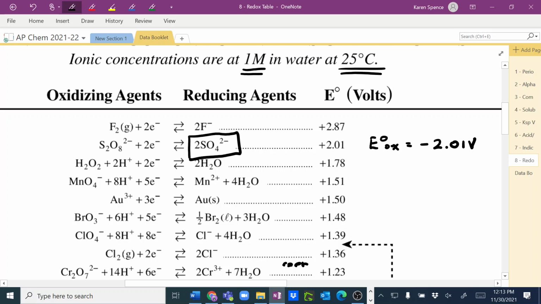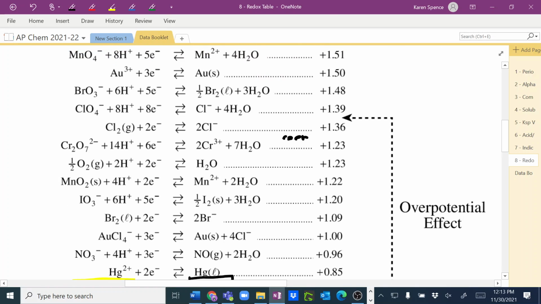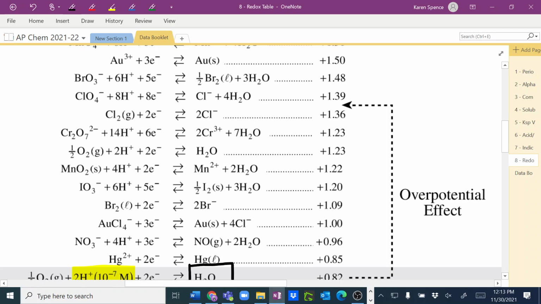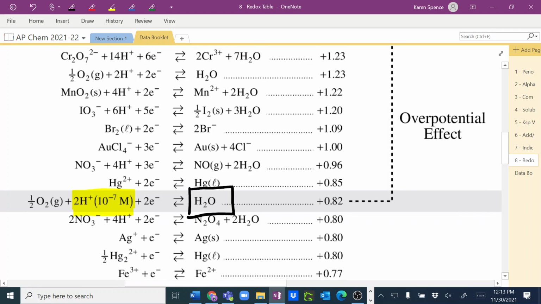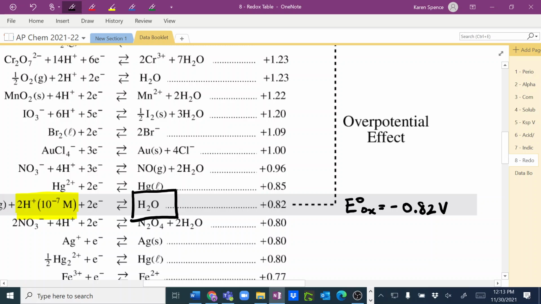Is that a favorable type reaction? No. Let's look at our water, okay? So when water is oxidized, its oxidation potential is negative 0.82 volts. Still not favorable, but is it better than sulfate?